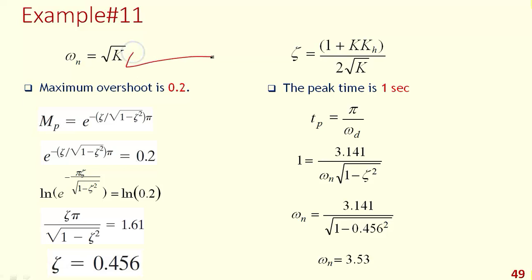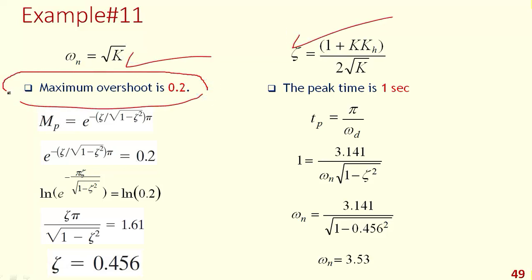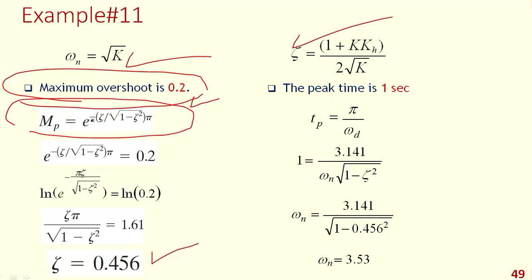Then omega n is equal to root k. In that problem they have given the maximum overshoot. Using this maximum overshoot you have to find the value of zeta. Maximum peak overshoot is given by Mp is equal to e to the power minus pi zeta divided by under root 1 minus zeta square. If you solve the equation you will get the zeta value.